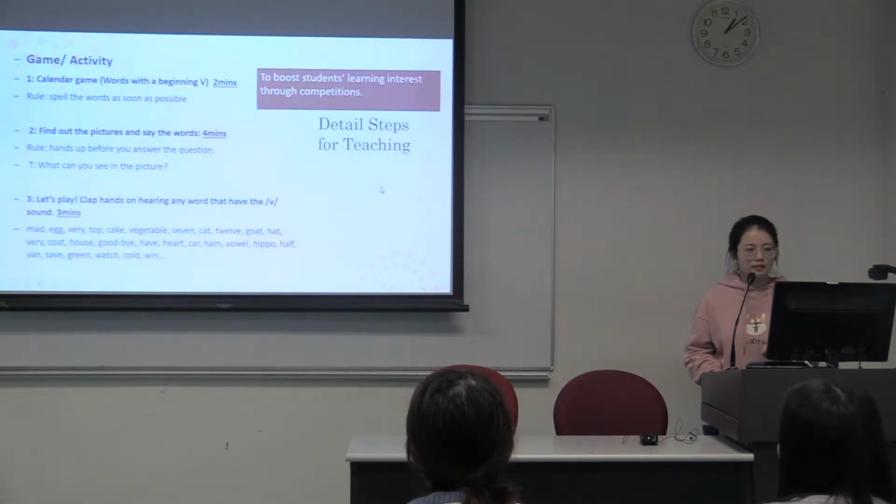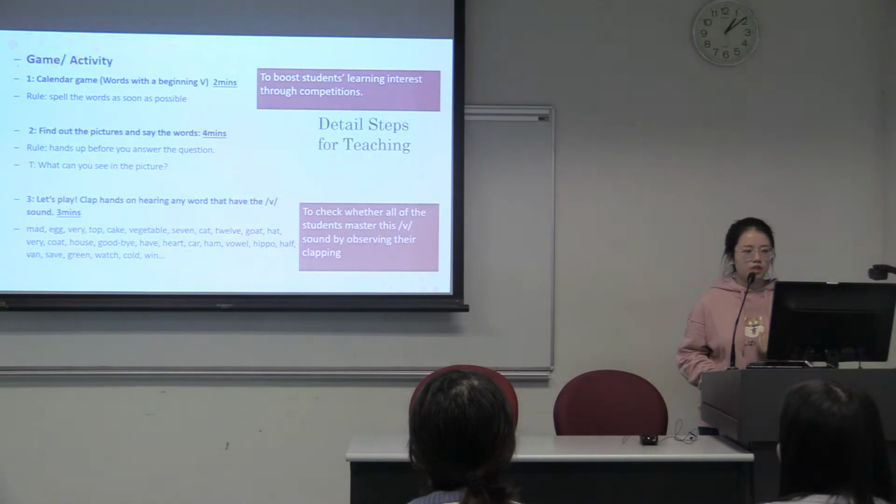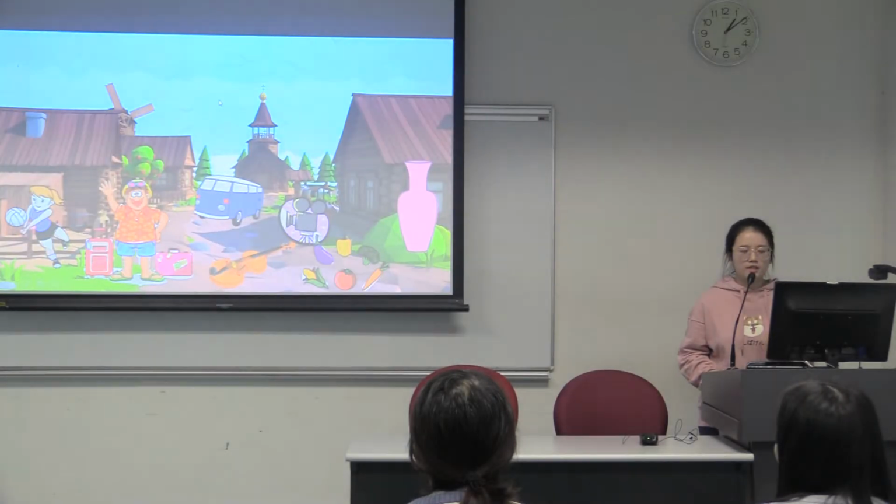Then is the game activity, the calendar game, to review and boost students' learning interest. Through this competition game, the fastest one is the winner. Students need to spell the word as soon as possible, then find the picture and say the word.